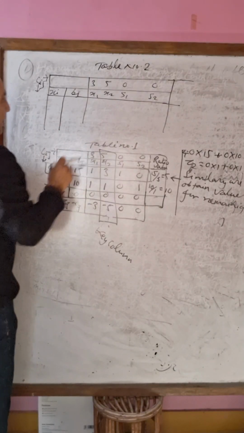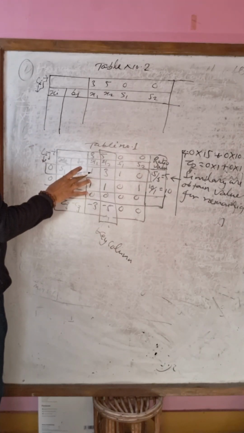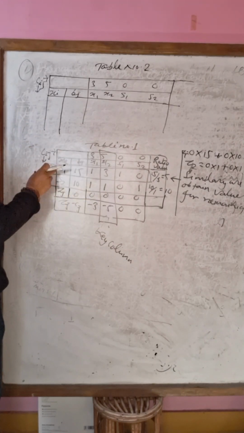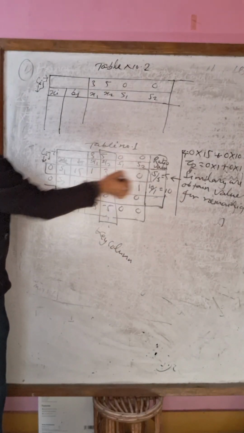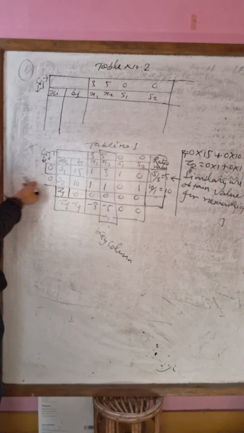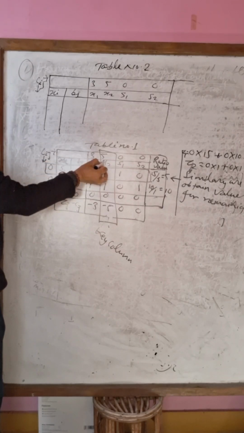After writing this, you should be careful. This column is the key column and this row is the key row. This variable s1 is replaced by x2.